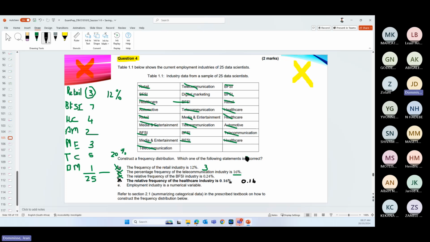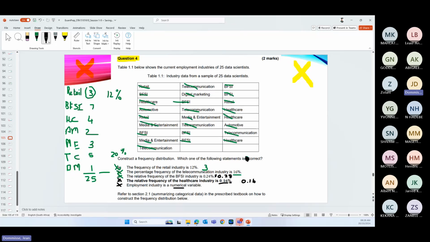And then the employment industry is definitely not numerical. Okay, so yeah, this one should have been just 0.16. That number is wrong. So that number should have been 0.28. That should have been free.